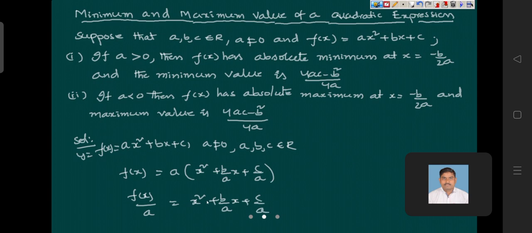Now I will consider the right side part. f of x by a is equal to x square plus b by a into x plus c by a. Now this x square you can write as x whole square plus 2 into x into b by 2a.